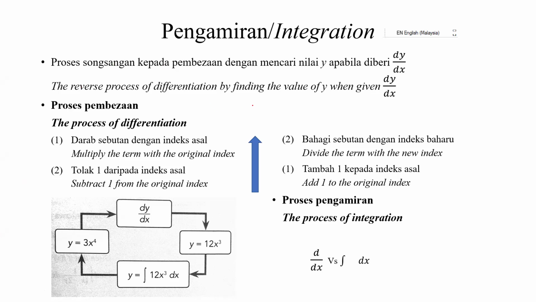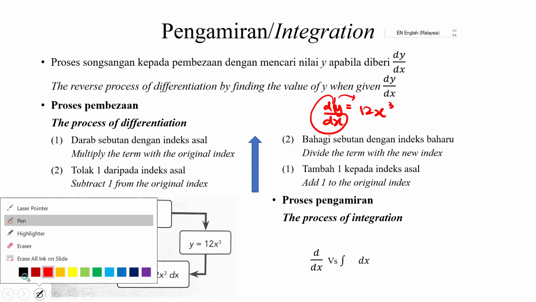Right, for example, like this one. Let's say dy/dx equals 12x cubed. Now, integration is the reverse process of differentiation, which means you bring the differentiation symbol over to the other side.